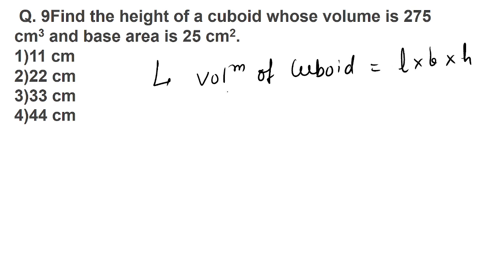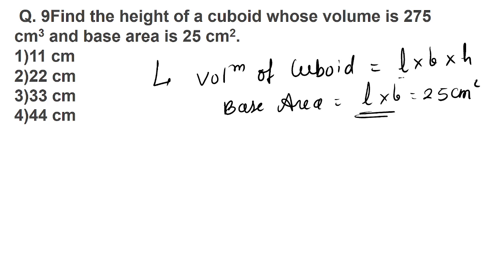Now I know the volume, base area as well. The base area will also be equal to length into breadth, which is mentioned to you, that is equal to 25 centimeter square. So can I directly put the value of L into B as 25 centimeter square? Yes, I can.